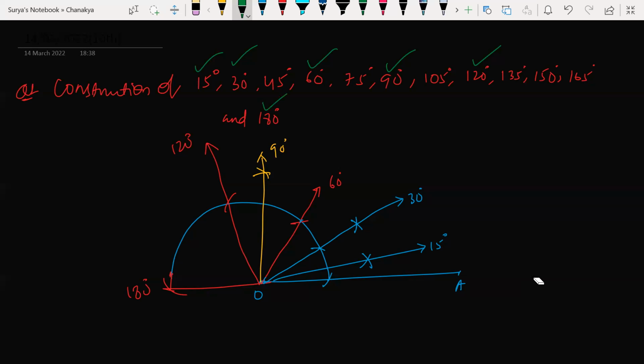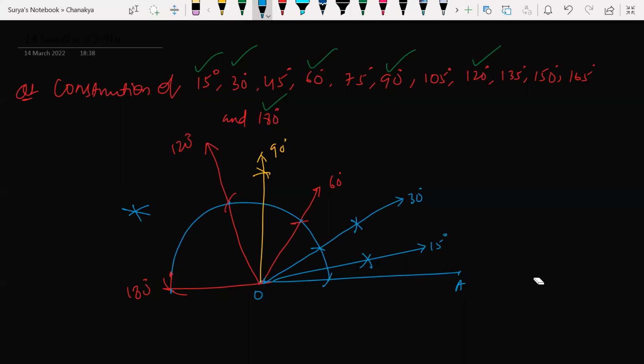I need 135. If I need 135, look at this, bisecting. Let us take a bisecting of these two. From this point, I'll draw an arc. From this point, I'll draw an arc. Okay, with the rough sketch I'm drawing, if you take your measurements properly, you will get it correctly.